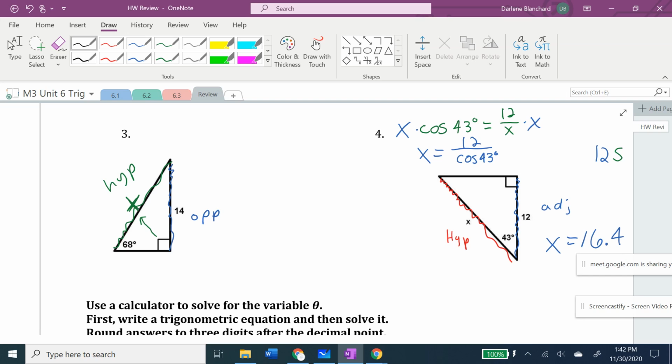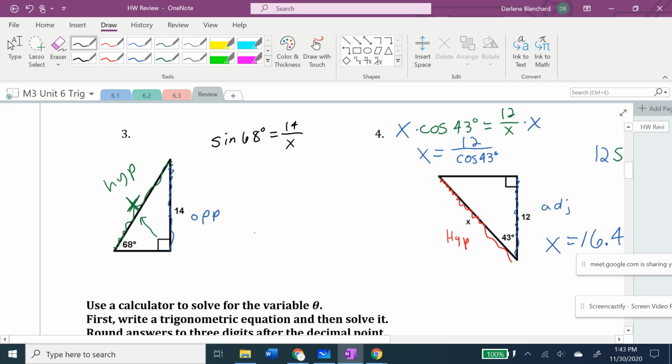And what trig equation would you use for that? You got it. Sine of 68 degrees is equal to the opposite side divided by the hypotenuse.